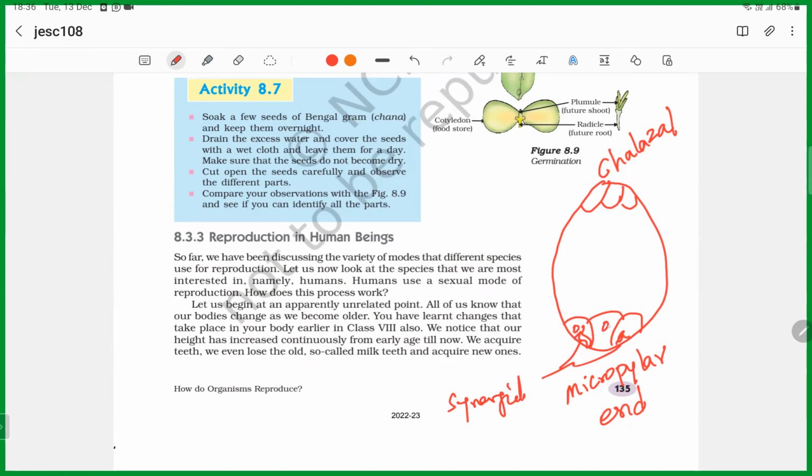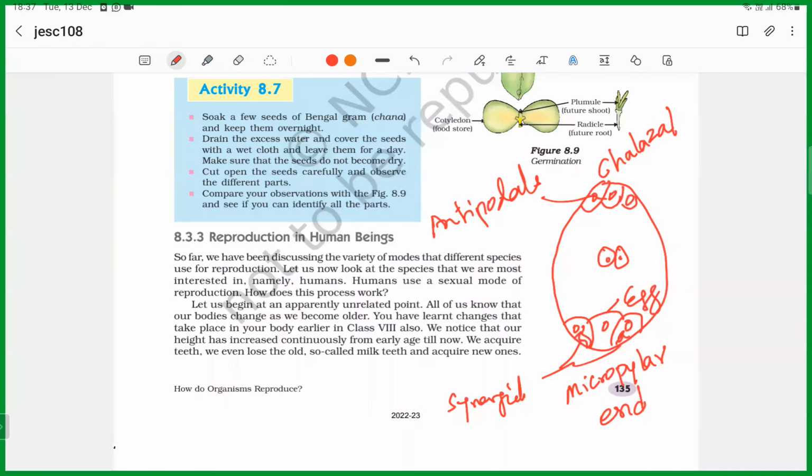Here one nucleus and cell, and here one nucleus and one cell. Centrally you have the egg cell. And these three cells are called antipodal cells. Now in the central cell, two nuclei are fused, the two polar nuclei.